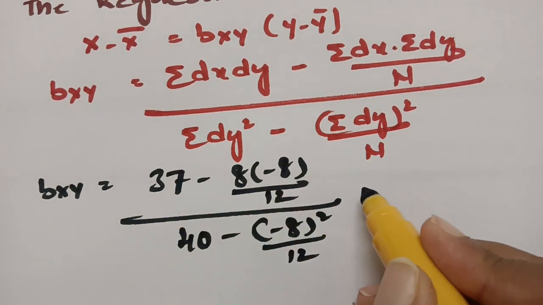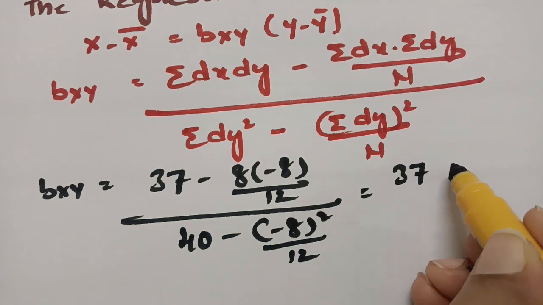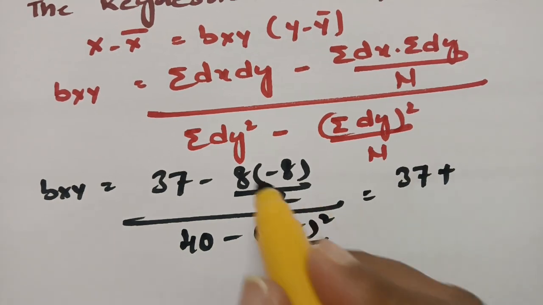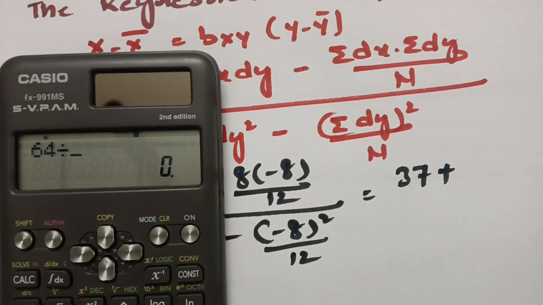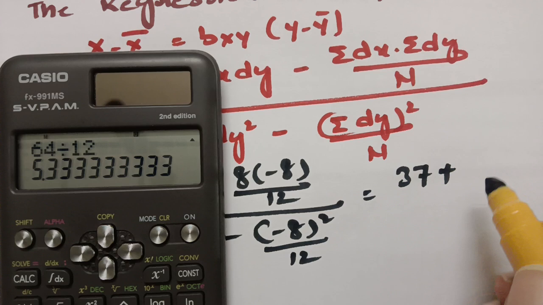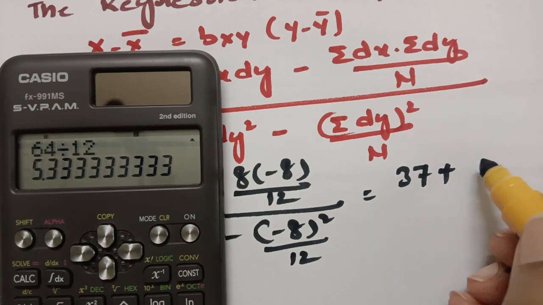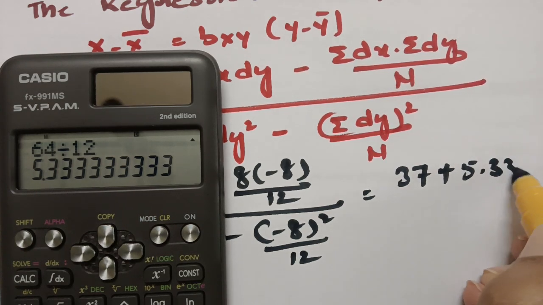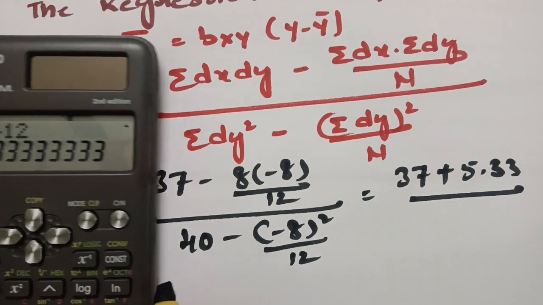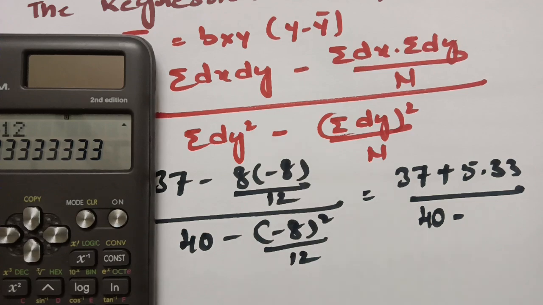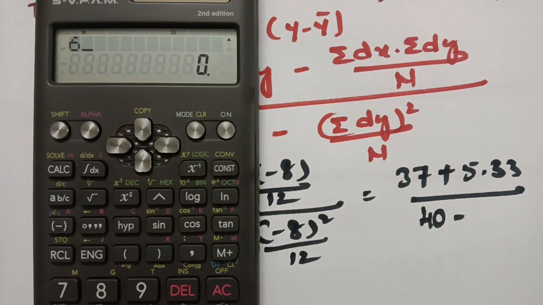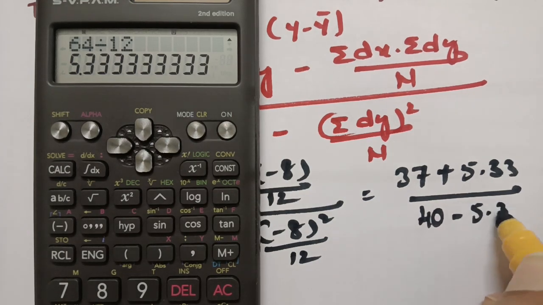Now we are going to solve this. So this will be 37 plus, this is minus into minus plus. So this is nothing but 8 8s are 64 divided by 12. The value here is 5.33. So this is 40 minus 64 by 12, which is again 5.33.